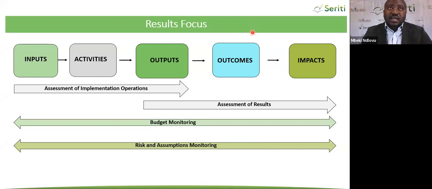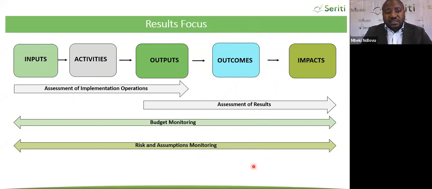community organizations are asked to focus on results, and this diagram that I have here shows us the 5 components: the inputs, the activities, the outputs, the outcomes, as well as the impacts.